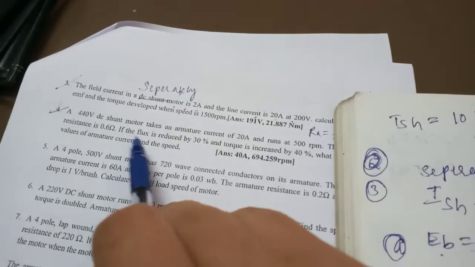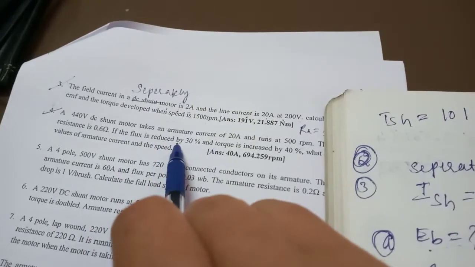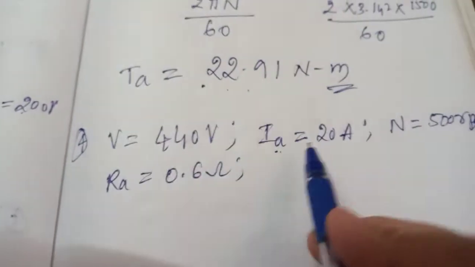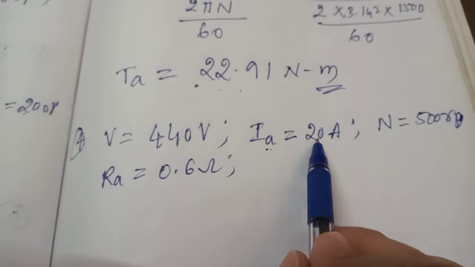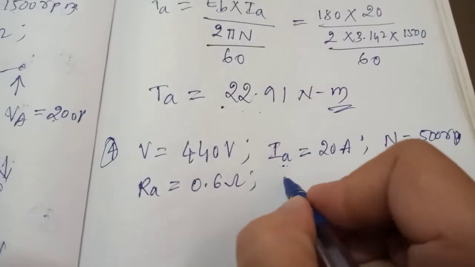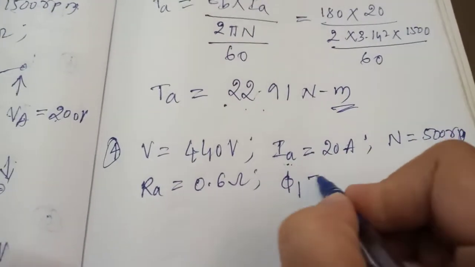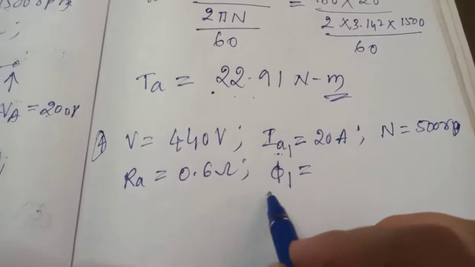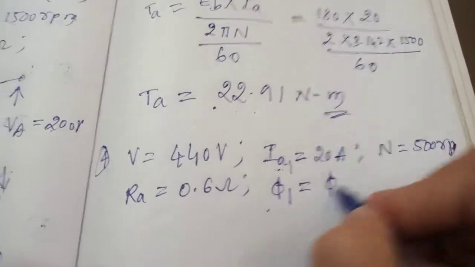Next, the flux is reduced by 30%. Let me say the flux for IA of 20 amps is equal to 5. Let me mark this as phi 1, IA1, so phi 1 is equal to 5.